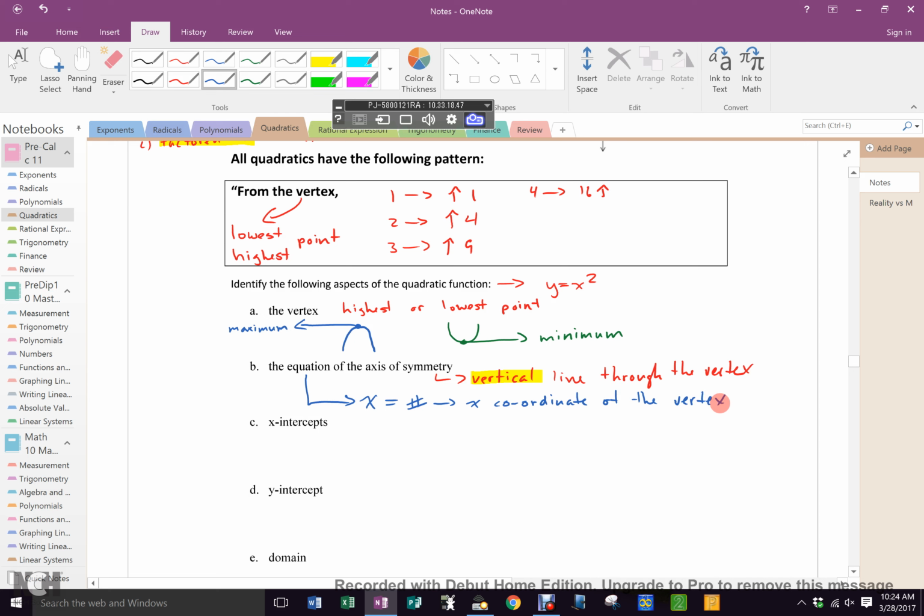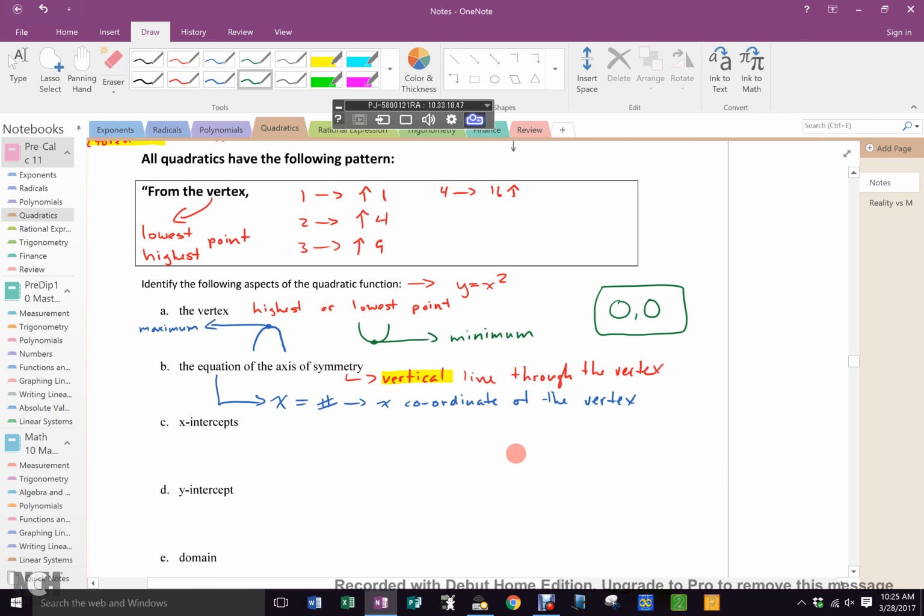Everybody cool? So in our very simple example, what is the vertex of our basic parabola? The vertex is what? Yeah, what is it? What's the point on the graph? 0, 0. Right? What is the equation of the axis of symmetry? It's x equals 0, because it's the x coordinate of the vertex. Is everybody cool still? Yeah?